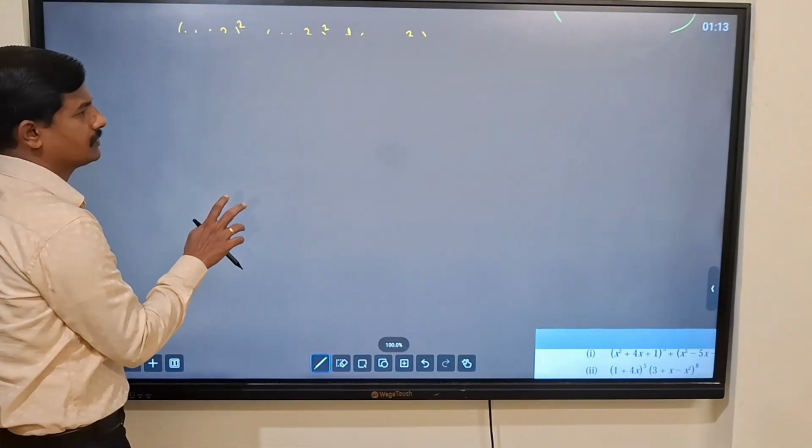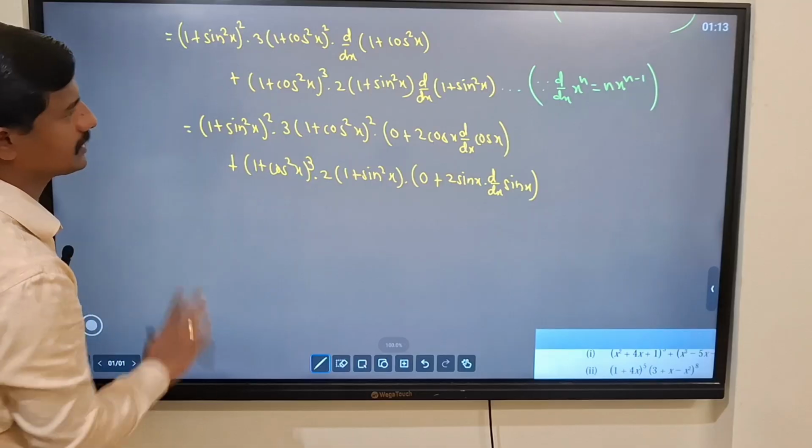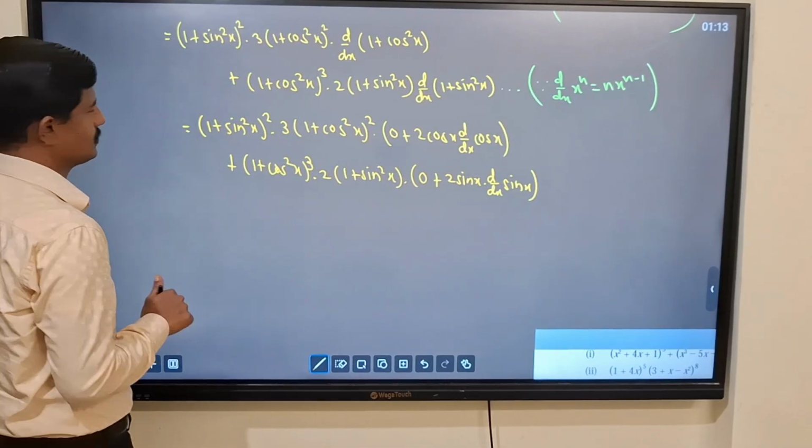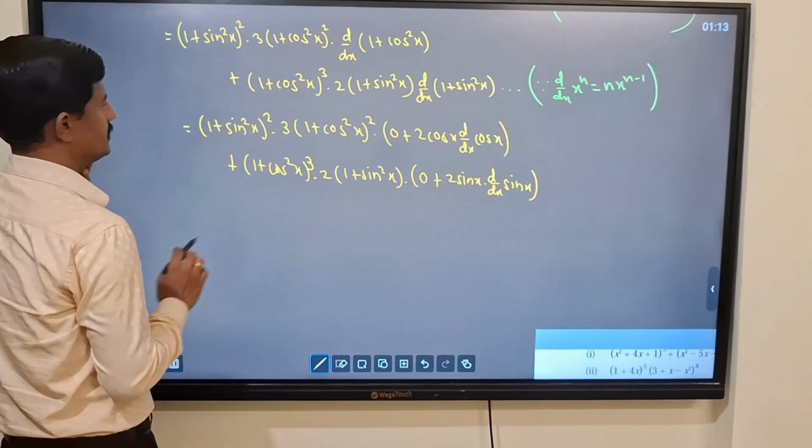Now see, here again we used the simple formula d/dx of xⁿ is n xⁿ⁻¹. You can write down that.